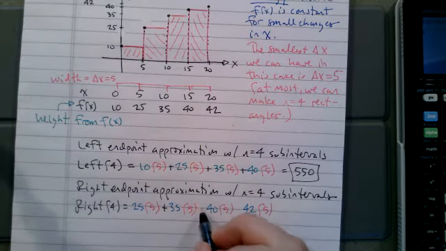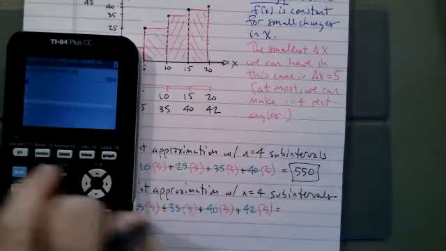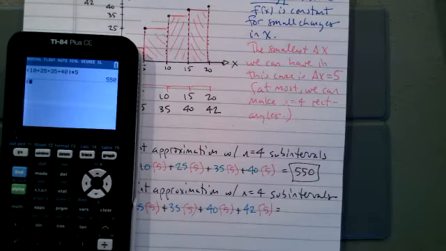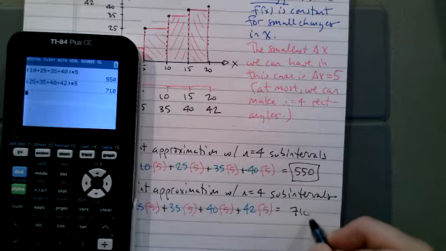And we'll just add all these up. So now we'll have 25, 35, 40, and 42 all multiplied by 5. So the right endpoint approximation is 710.